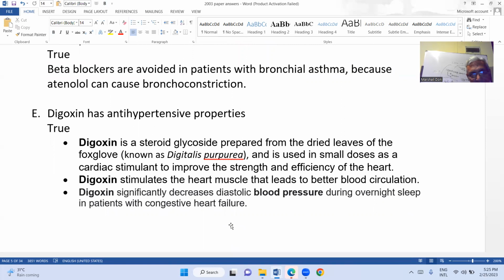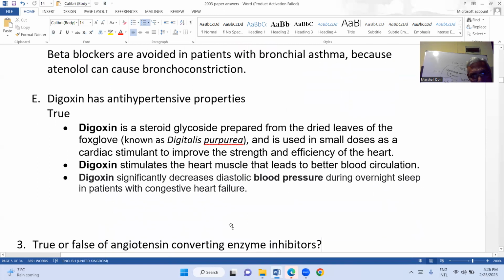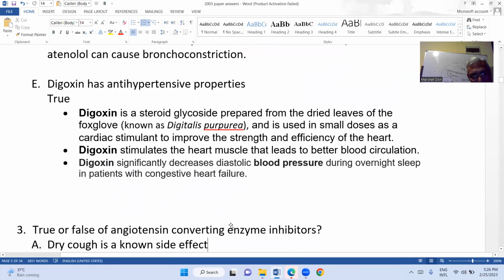Digoxin has antihypertensive properties. True. So digoxin in the night time reduces the blood pressure.